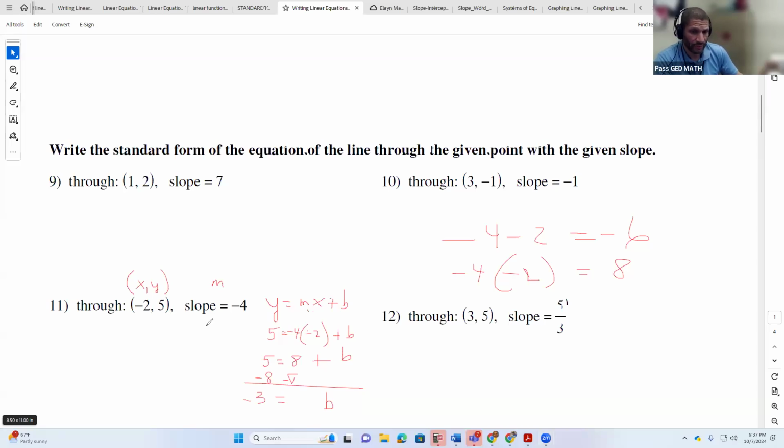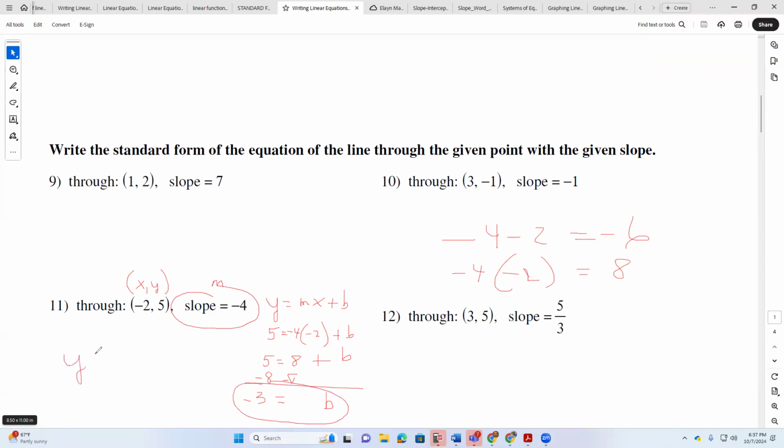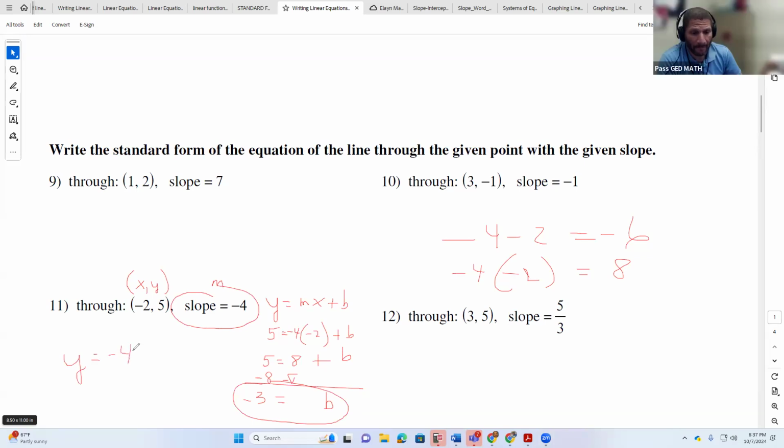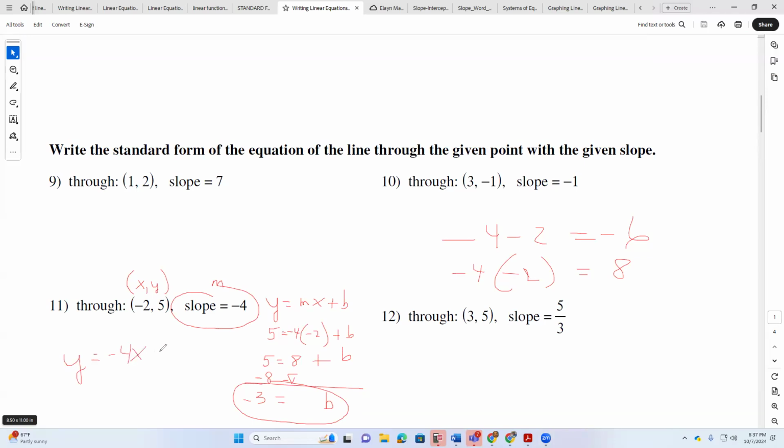If my slope is -4 and my y-intercept is -3, what's going to be my equation of the line? y equals -4x, then what? -3.